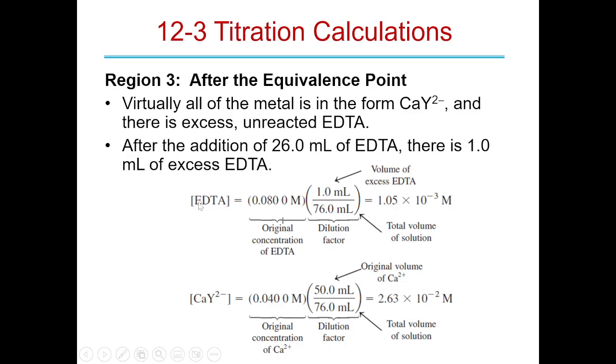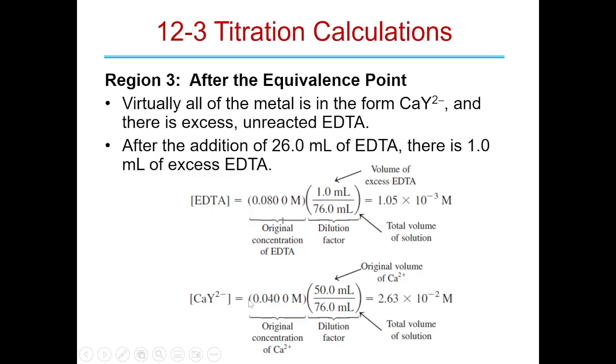So here's your EDTA excess. It's going to be the original concentration of EDTA times the amount that it's over the equivalence point, divided by the total volume. And that's your new concentration of excess EDTA. And then you have the equivalence point amounts for the bound complex.